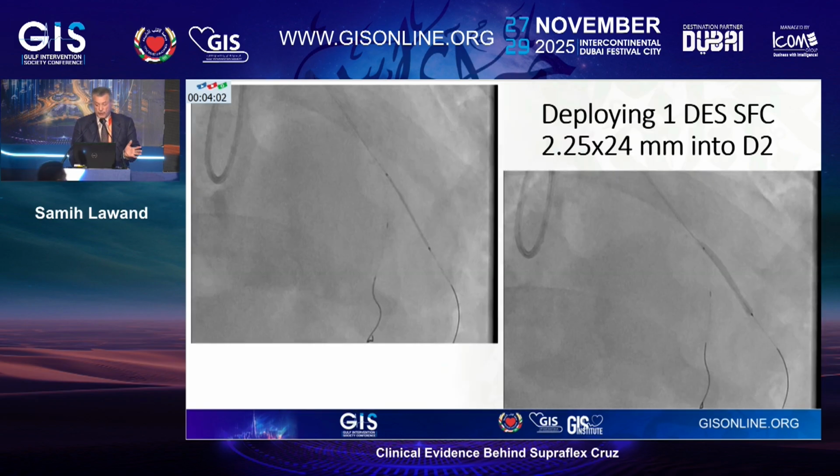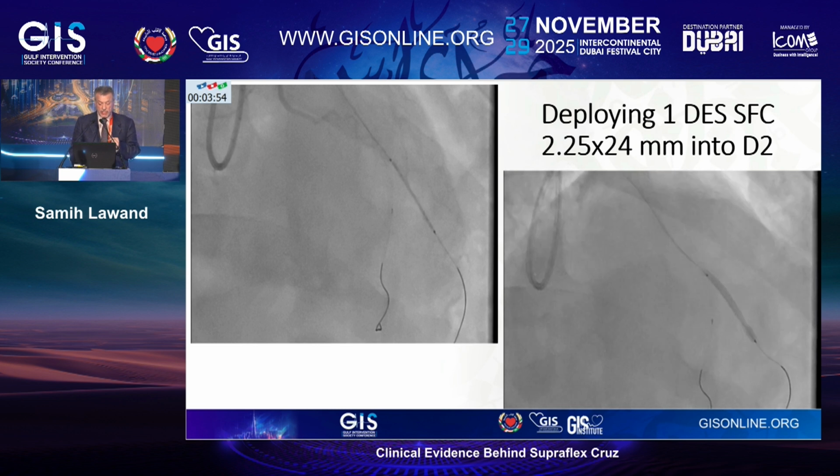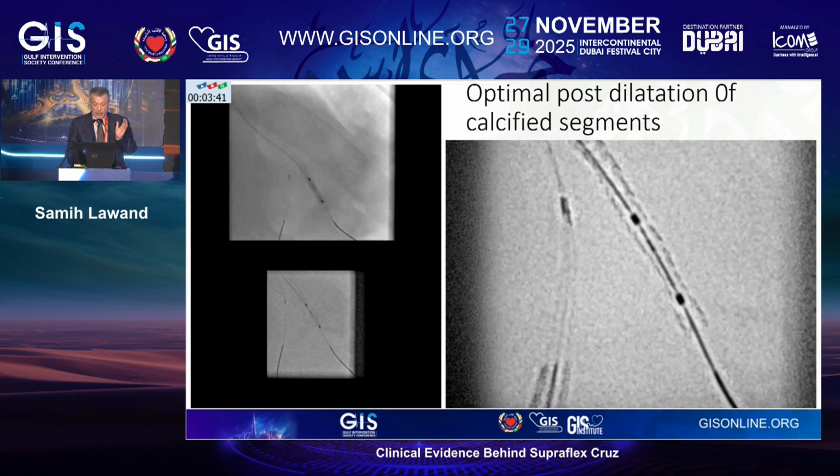Then I decided to put a stent, even without support from the LAD. Usually I put a balloon to make sure the stent positioning is proper. I did my best, and then I put in my 2.5 by 24 Supraflex stent, clearly positioned properly, and post-dilated.